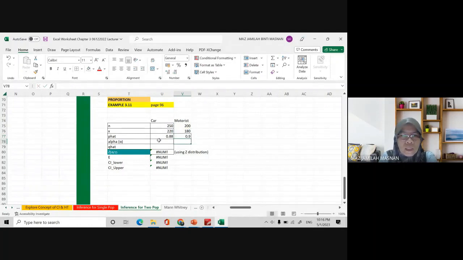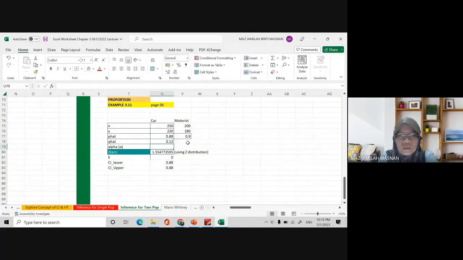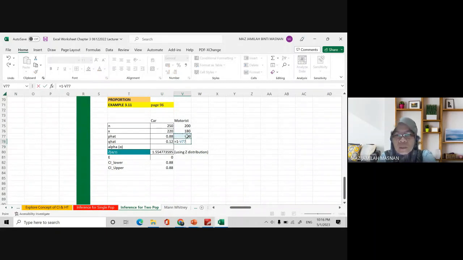Okay, alpha, let's say we rearrange. We put Q hat first, so it will be much easier. So Q hat is equal to 1 minus the P hat. This one is equal to 1 minus the Q hat.